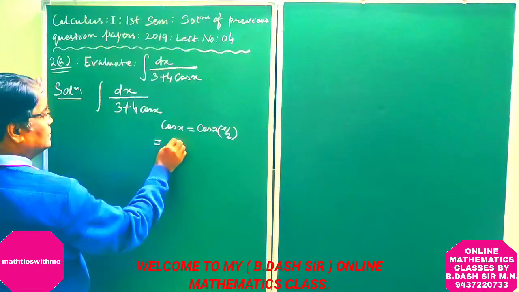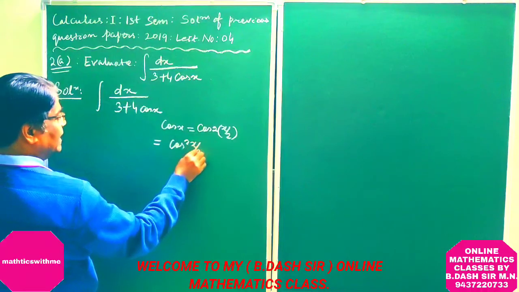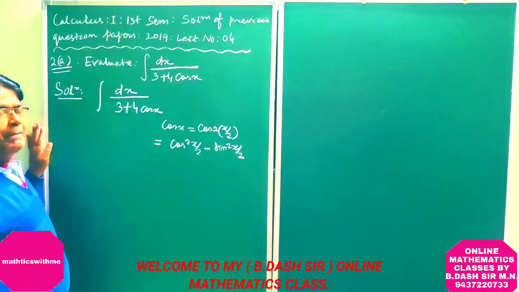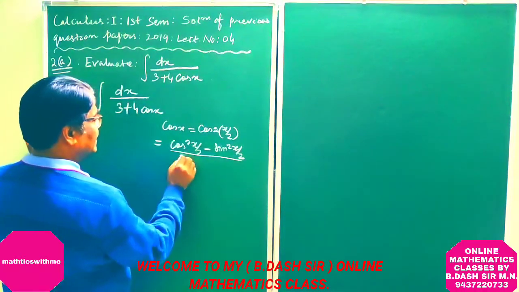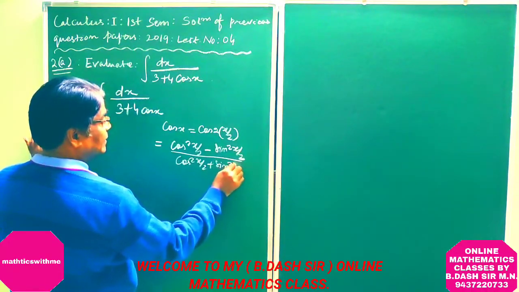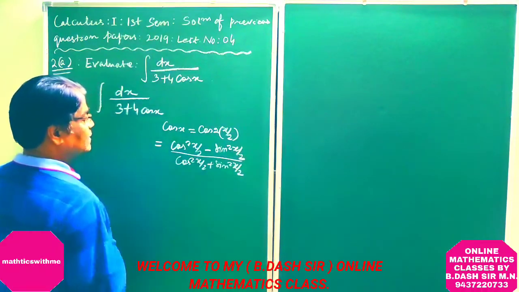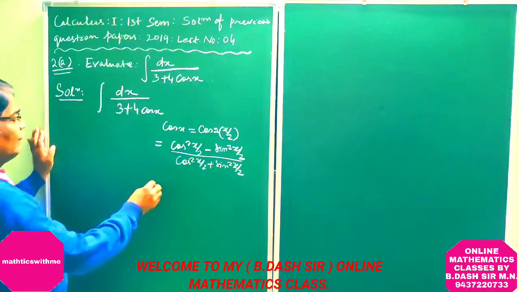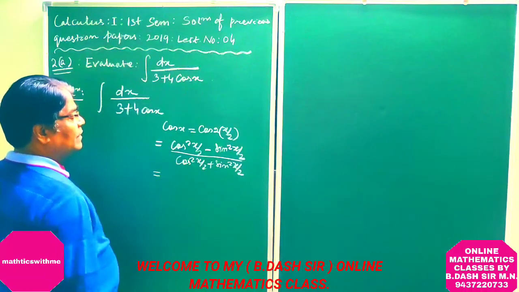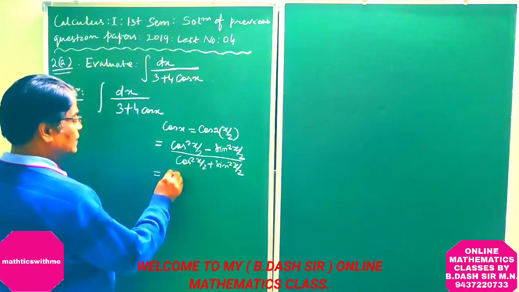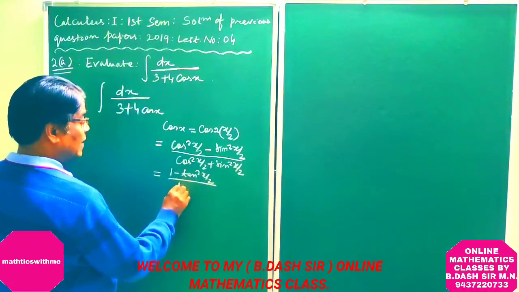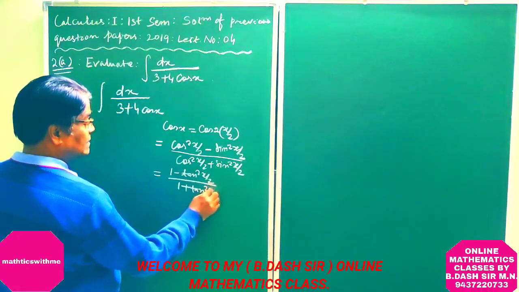This is equal to cos square x by 2 minus sin square x by 2, applying the cos 2a formula, divided by cos square x by 2 plus sin square x by 2, because cos square x by 2 plus sin square x by 2 is 1. So, dividing the numerator and the denominator by cos square x by 2, we get 1 minus tan square x by 2 by 1 plus tan square x by 2.